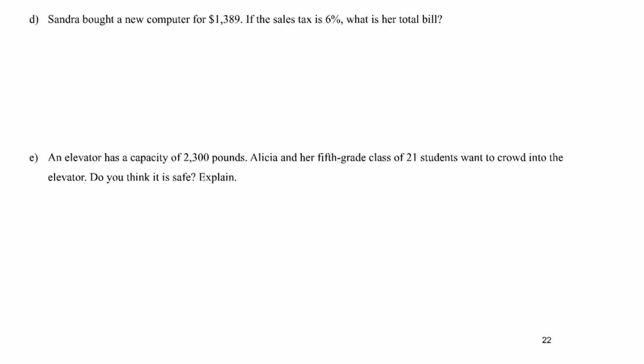Part D, Sandra bought a new computer for $1,389. If the sales tax is 6%, what is her total bill? So again, we can look at using our compatible numbers.